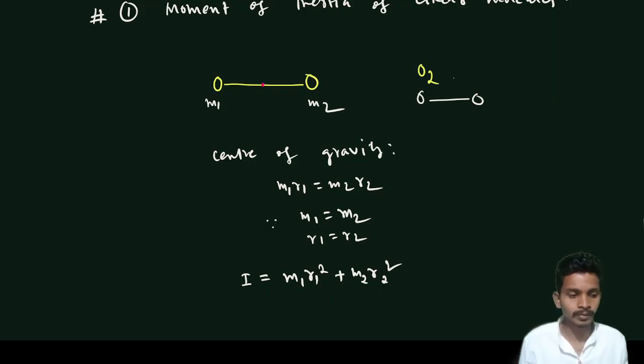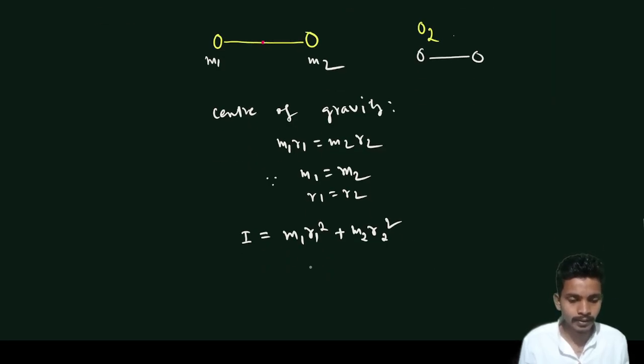Since M1 equals M2 and R1 equals R2, I can write this as 2 M1 R1 square, because both are equal.